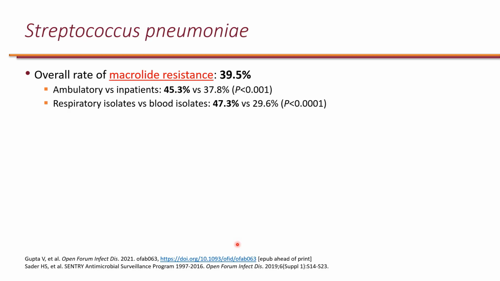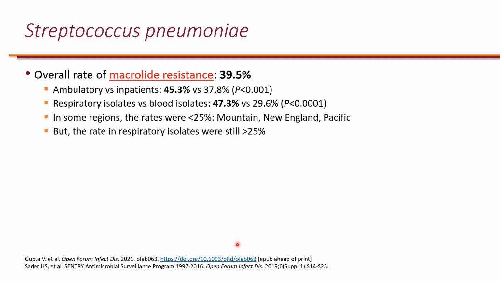The rate is also significantly higher in respiratory isolates compared to blood isolates. And in some regions, the rates were less than 25%, but even in those regions, the rate in respiratory isolates specifically were still higher than 25%.